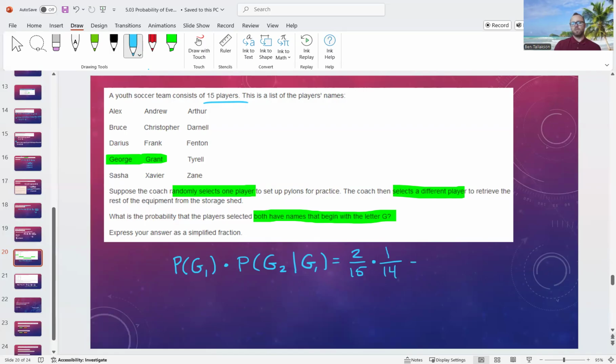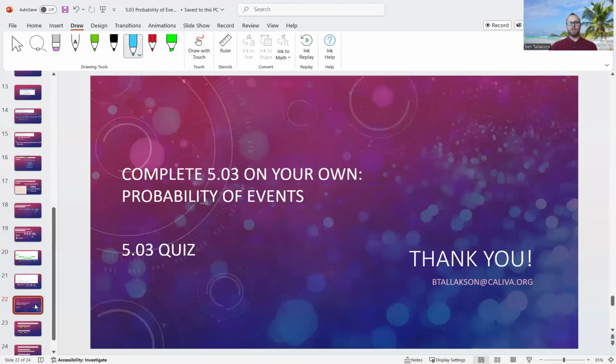So that's how we set that up. Multiply across, you get 2 over 210, which gives us 1 over 105. Very, very low probability.